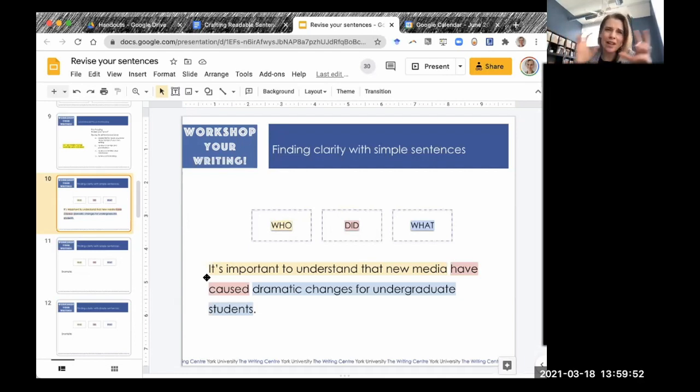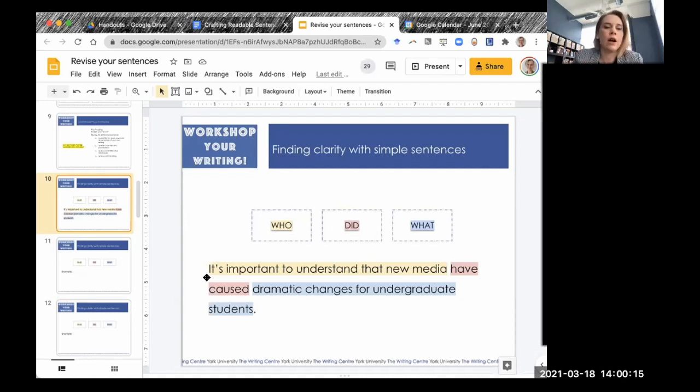These can be rearranged and become more complex, but a straightforward, clear, and punchy simple sentence always starts with a subject, followed immediately by the verb, the did, without interruption. There's never a comma or any words between the subject and the verb.